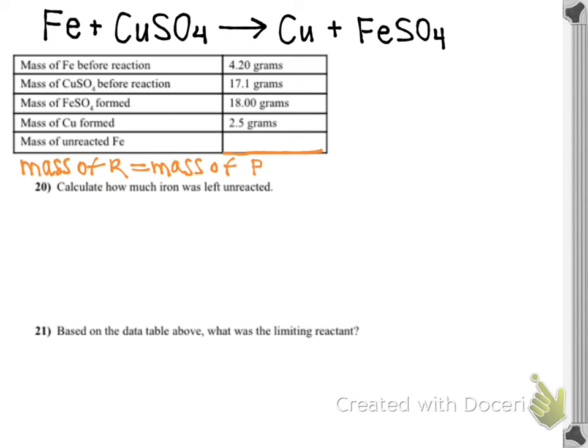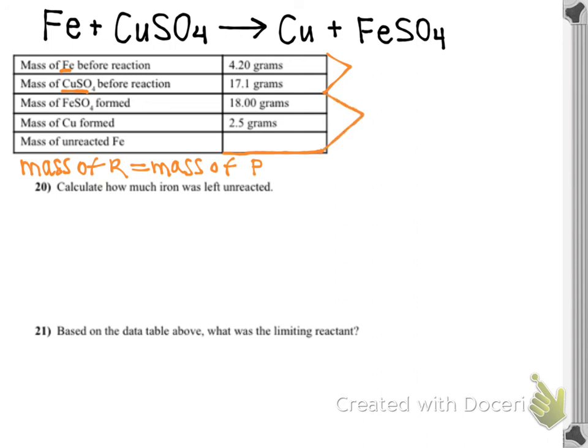If you look, Fe is a reactant, and CuSO4 is a reactant. So these are our two reactants. FeSO4 is a product, Cu is a product, and mass of unreacted Fe, so that means it's left over. Anything that's left over is going to be with the products.